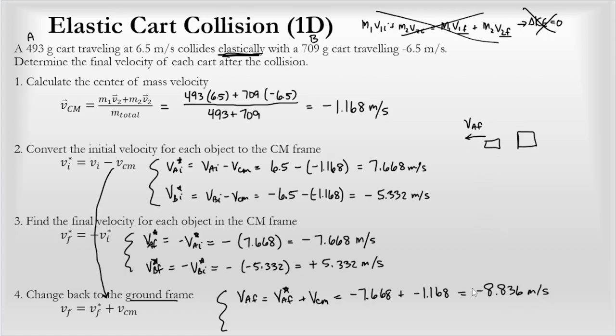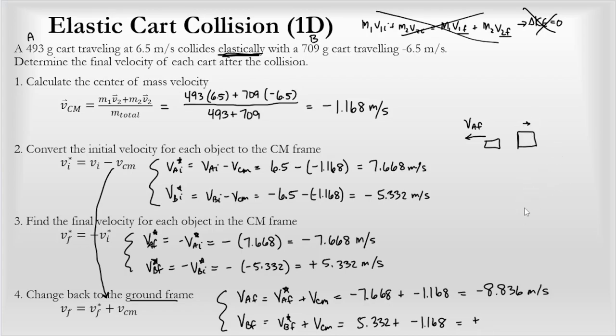Let's find VB final. VB final is VB final star plus V center of mass. So I'm going to take positive 5.332 and add on the negative 1.168, and it's going to end up moving in the positive direction after the collision.